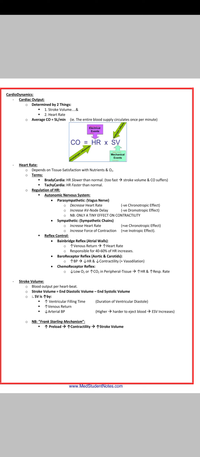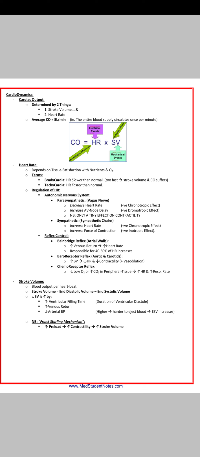Next are terms. Heart rates have different terms: bradycardia and tachycardia. Bradycardia is when the heart rate is lower than normal. So the heart rate is very low. That is bradycardia. Stroke volume and carbon dioxide increase because the heart rate decreases, so it has an inverse effect, I think.